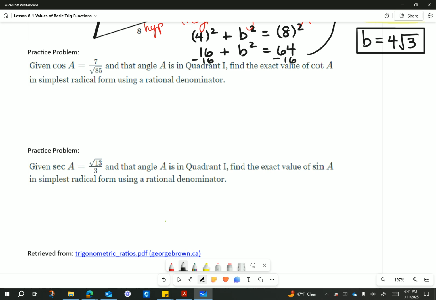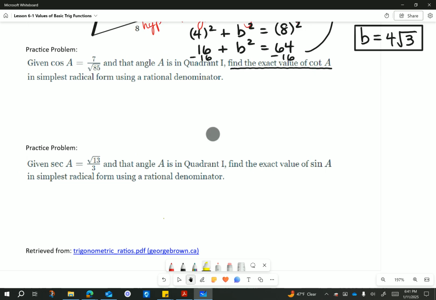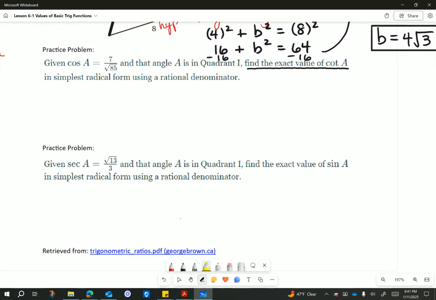They're telling us that the angle A is in quadrant number 1, and they want us to find the exact value of cotangent of A. The value of cotangent A must be in simple radical form. And it also stipulated that the denominator must be a rational number.